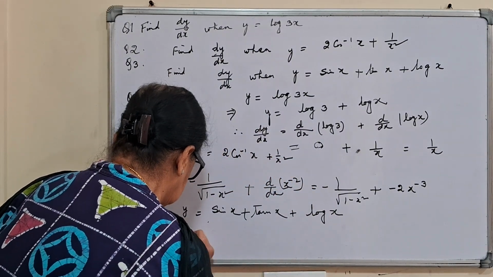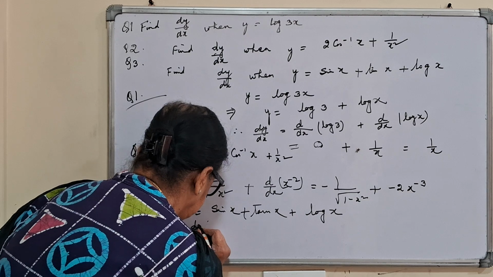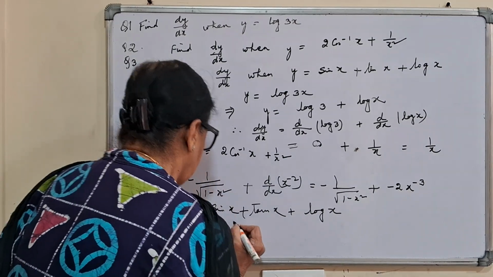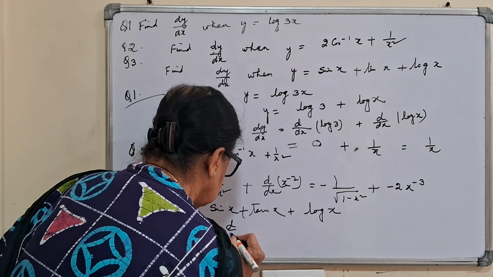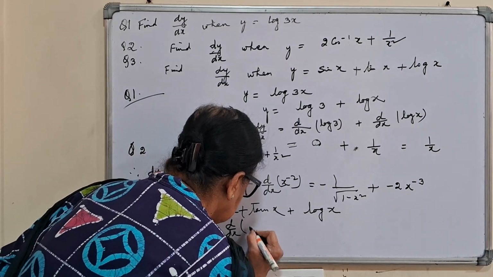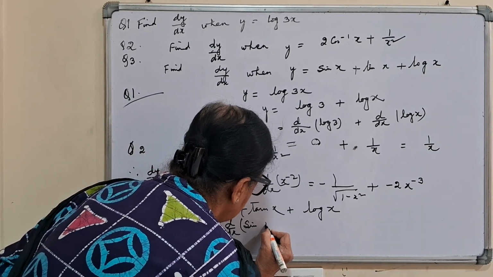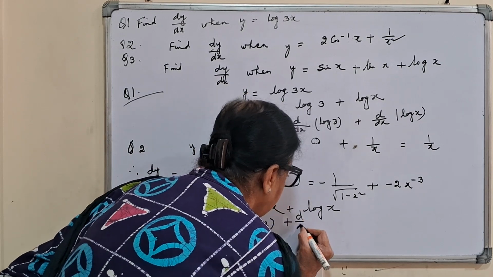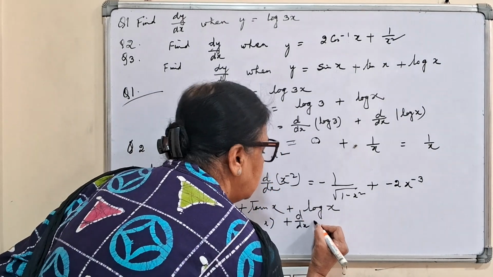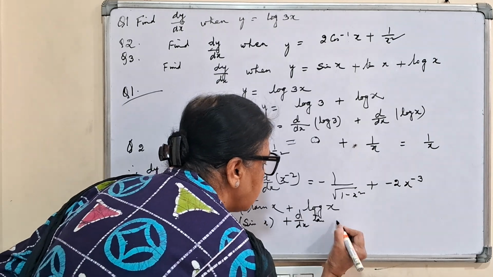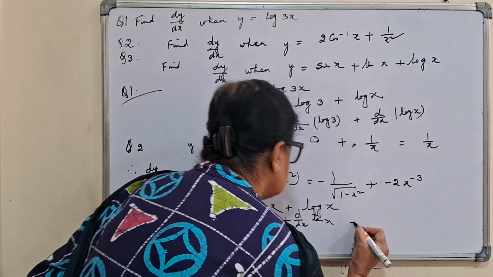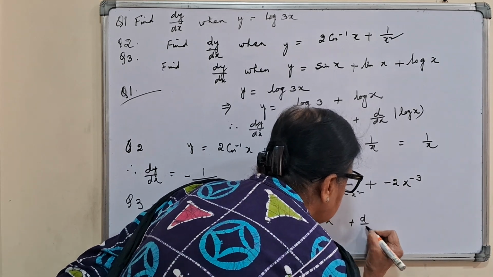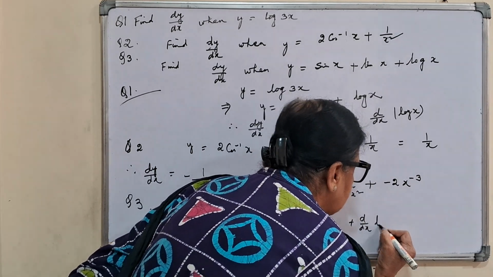Therefore, dy/dx is equal to d/dx of sin x plus d/dx of tan x, we will separate them, plus d/dx of log x.